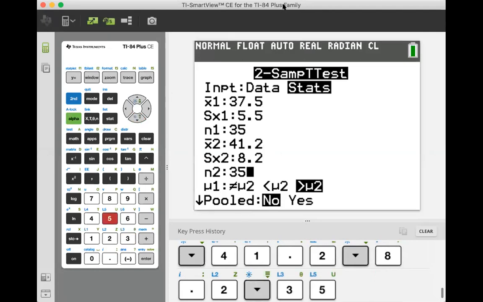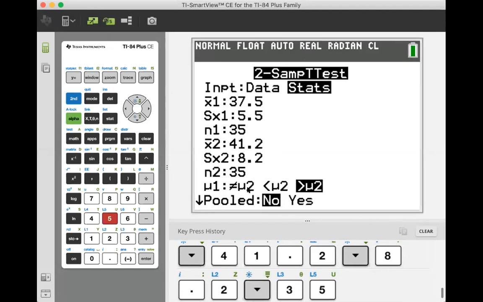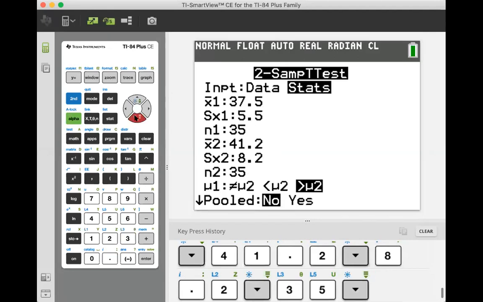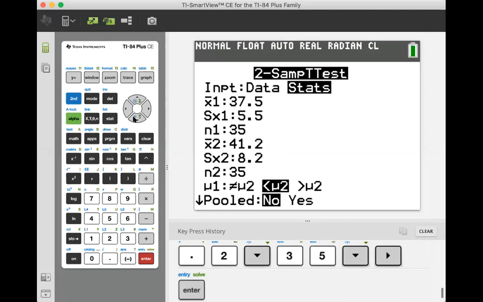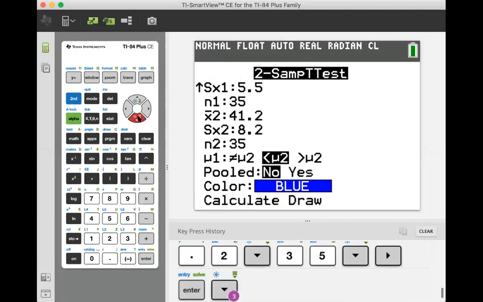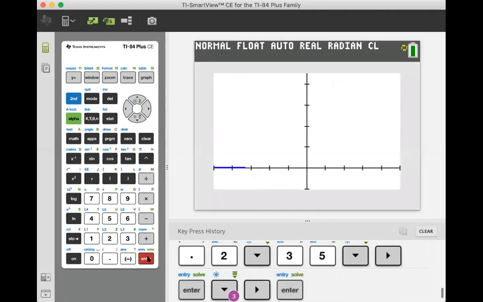But this one was less than, so we need to make sure that we've got less than highlighted. Put the cursor over that and hit enter. And again, pooled stays the same. And we'll go over to draw and enter.